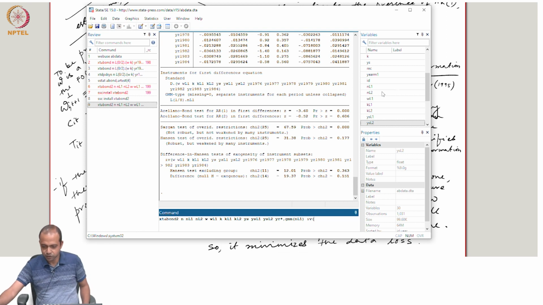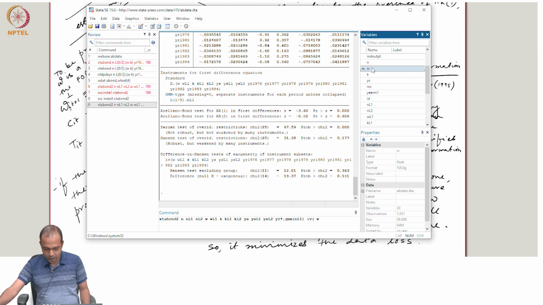IV is all other variables, that means starting from W, and WL1, and then capital, and then capital of lag 1, KL1, then KL2, then YS, and then YSL1, YSL2, right?